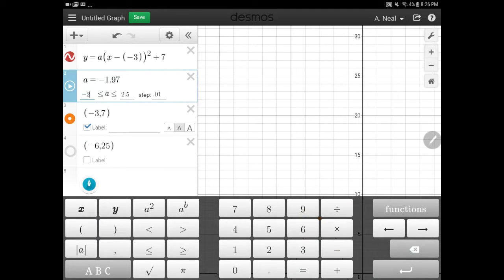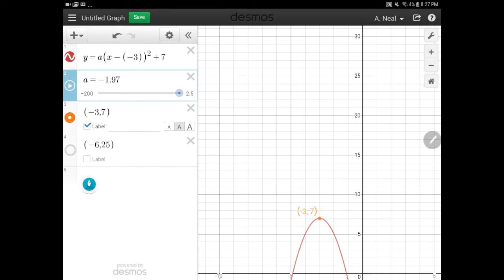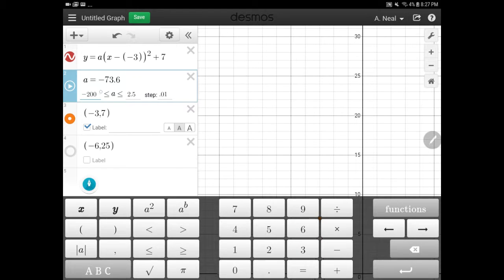But if I made this number here, say minus 200, and then looked at all of the possibilities, you can see there are a lot. That one's a super narrow one. It's going to widen up and flip over, and you can see that there's an infinite number of possibilities here, but they all have that same property that the vertex is at negative 3, 7.